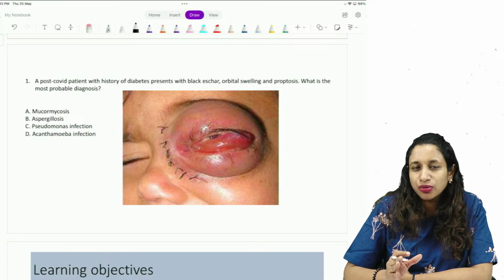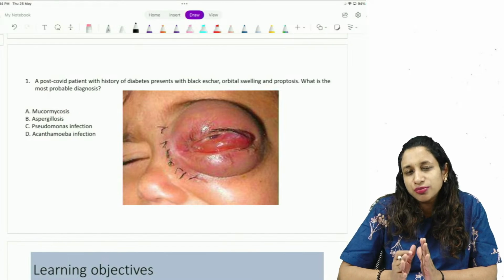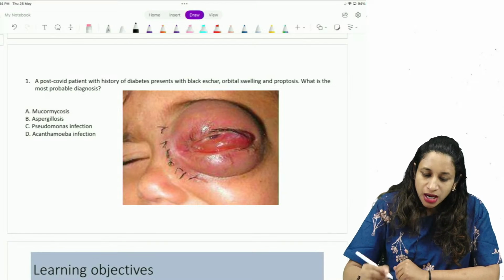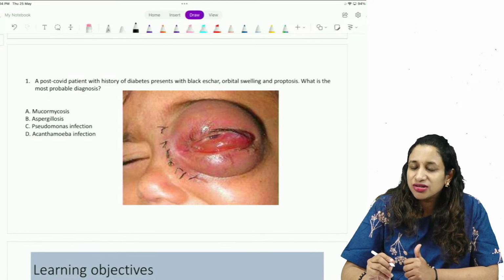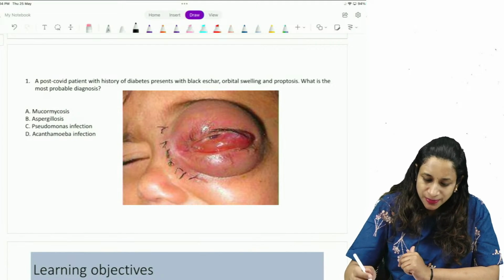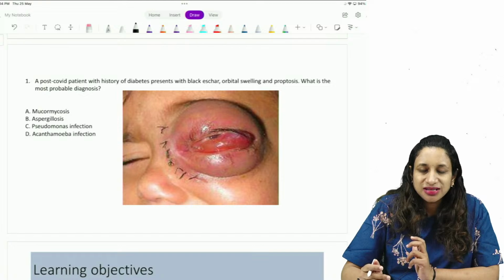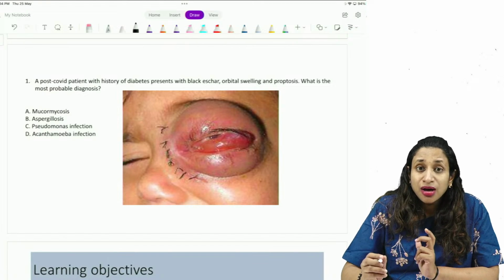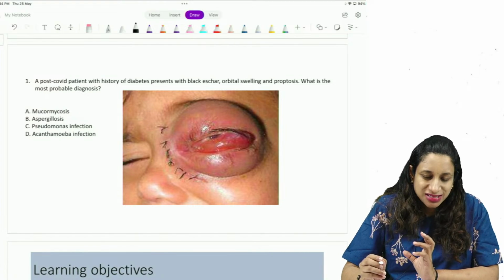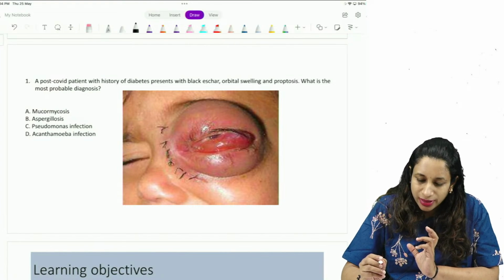Very important to know that this is something that is attributed to uncontrolled diabetes and also diabetic ketoacidosis. A post-COVID patient, again another risk factor that was found to be associated with mucormycosis, presenting with a black eschar, orbital swelling and proptosis, all of this very consistent with what is known as mucormycosis.